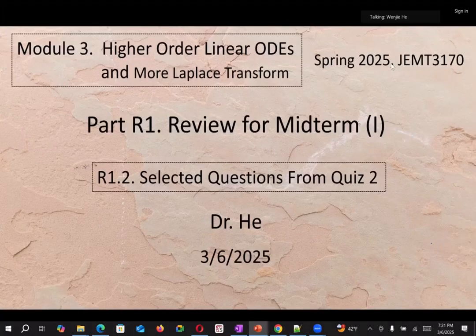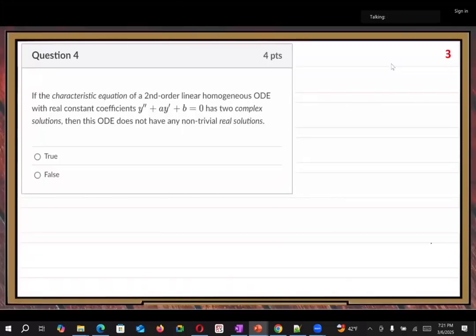Quiz number 2. We have 5 questions from this assignment. The first one: if the characteristic equation of a second order homogeneous real equation has two complex roots, then it does not have any real solutions. It's false.